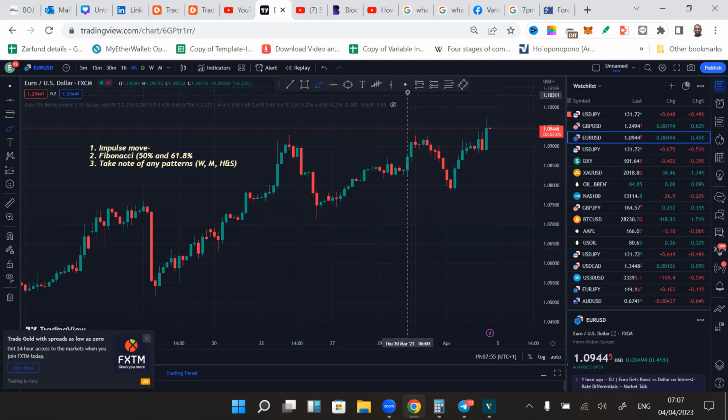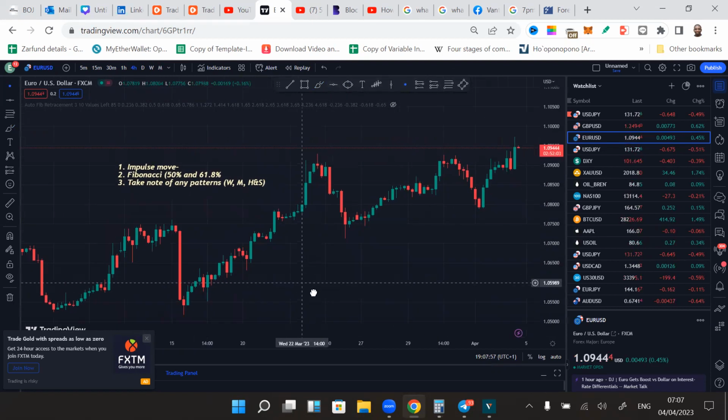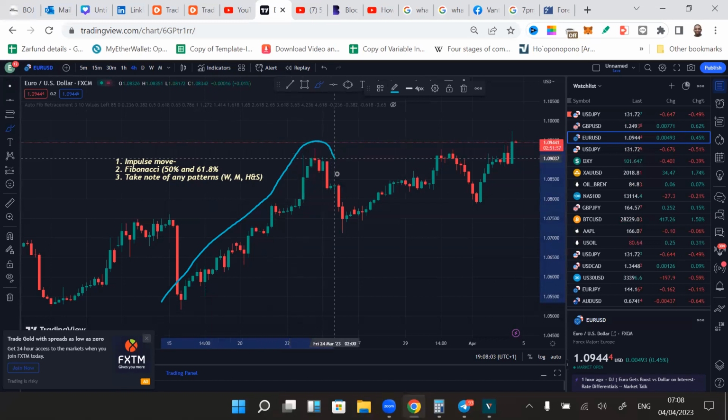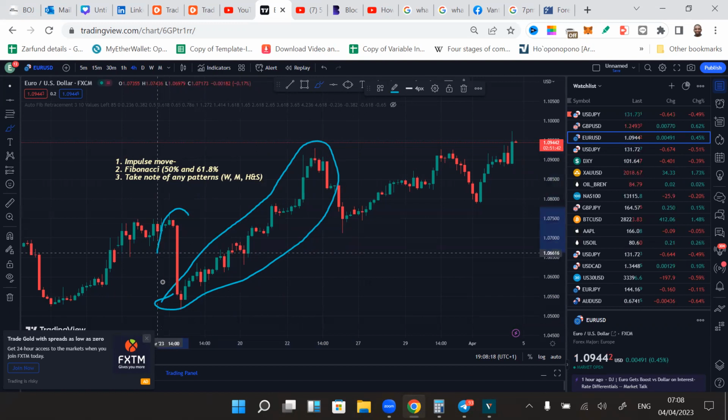Let me show you another impulse move now. So this also is an impulse move. Look at it. It just keeps going in one direction and is massive. It is not a single candle. The first one I showed, which is this one, is a single candle.